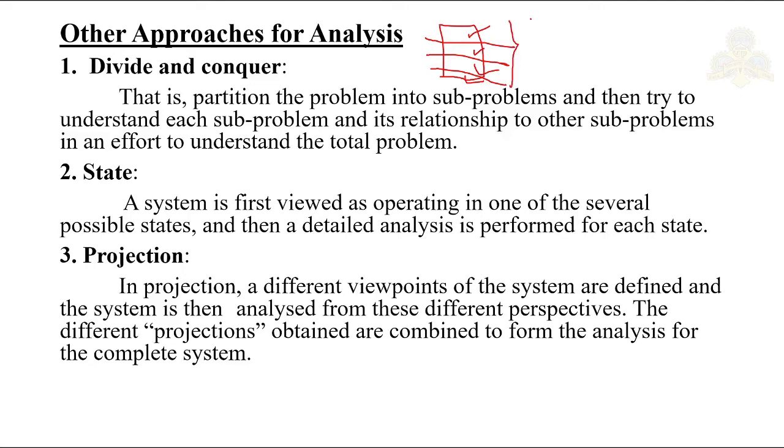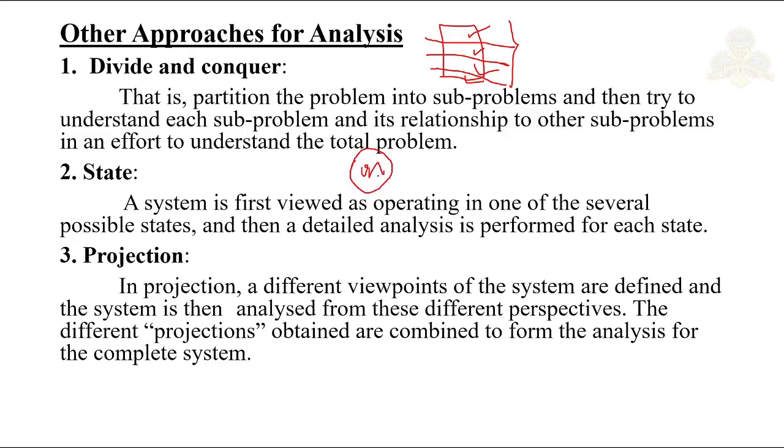The second one is state and projection. We'll first study the state. Here, your entire system is viewed as operating in one of several possible states, and then a detailed analysis of each state is done. Say your system is defined as having one state, say active or on.